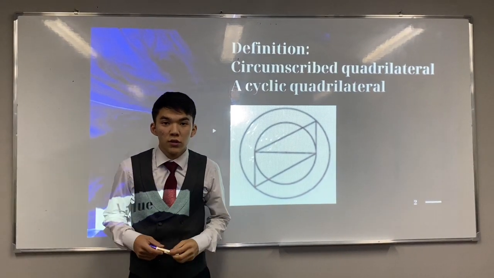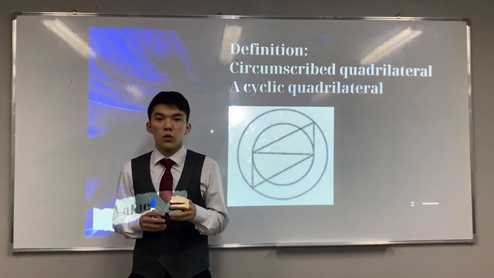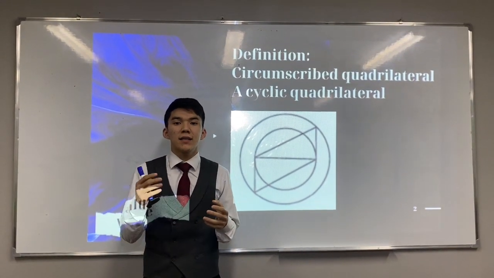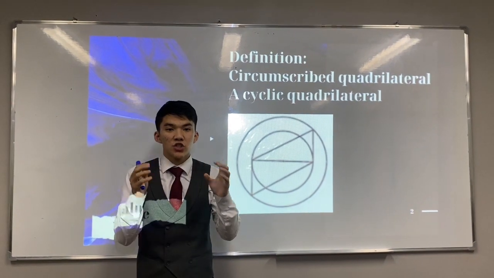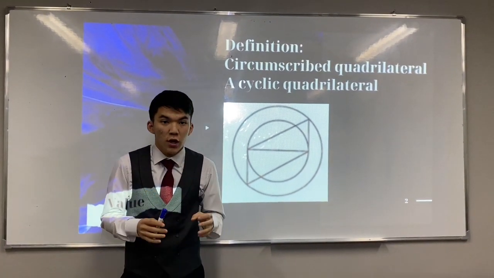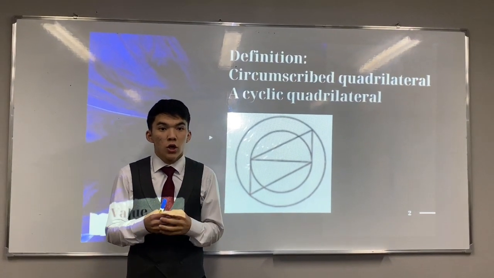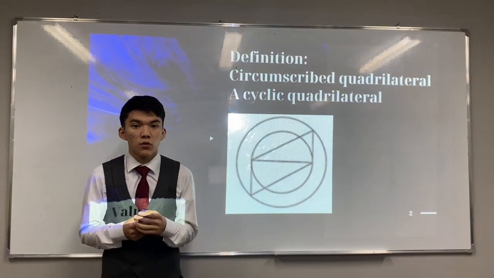A circumscribed quadrilateral, sometimes just called a tangent quadrilateral, is a convex quadrilateral whose sides can all be tangent to a single circle within the quadrilateral. And a cyclic quadrilateral is a 4-sided polygon whose vertices are inscribed on a circle.